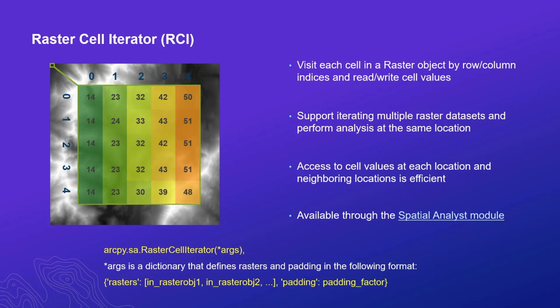You can iterate through multiple raster datasets and perform analysis at the same location. You can visit neighboring locations using a relative index, which is very powerful when you are trying to do focal types of operations, which require looking at your neighboring cells. As I said, it's available through the Spatial Analyst module. It has arguments through which you can specify your raster and also do some padding.